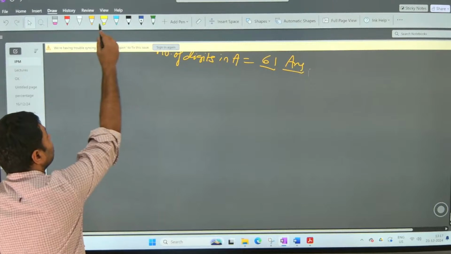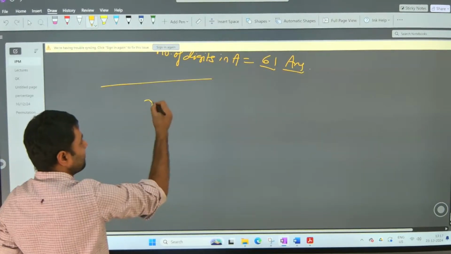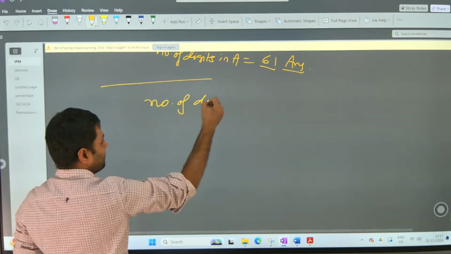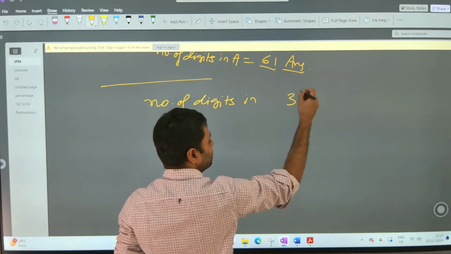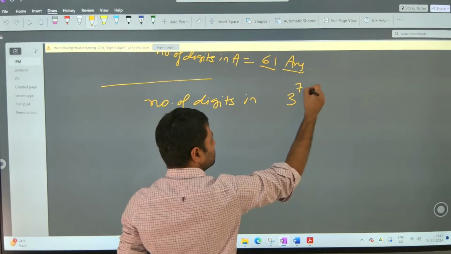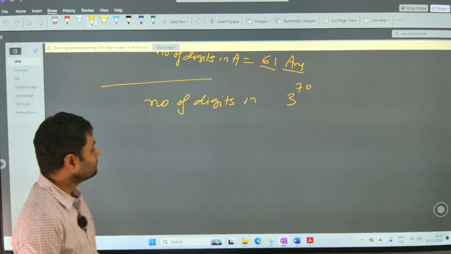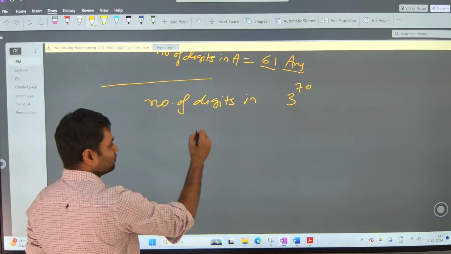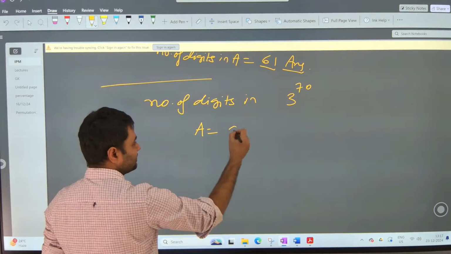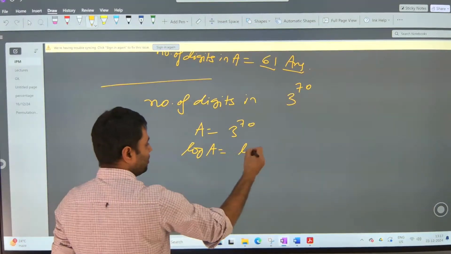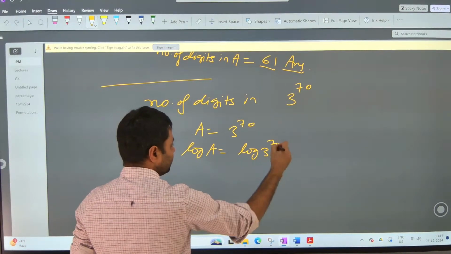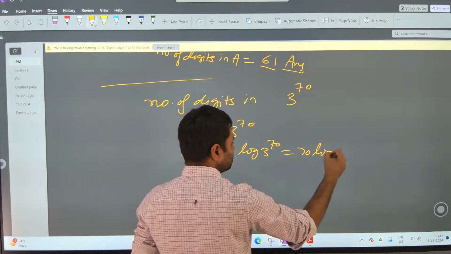If you need to find the number of digits in, let us say, 3 raised to 70. So again I will assume this number as A. A is 3 raised to 70. So log A is log 3 raised to 70, or 70 times log 3.